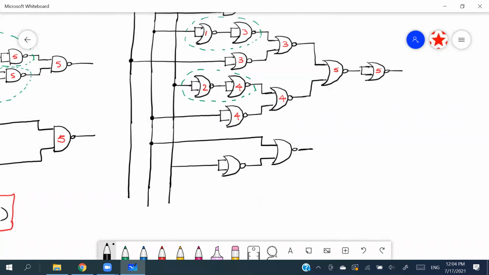Right, so it goes like this. I think I have missed something. Yes, this should go over here. Right, and this is going to be reduced like this.